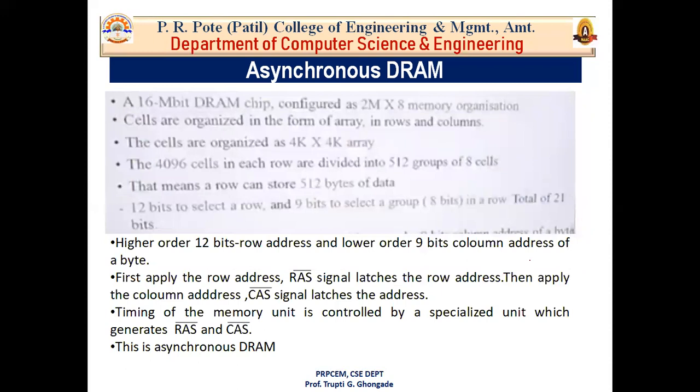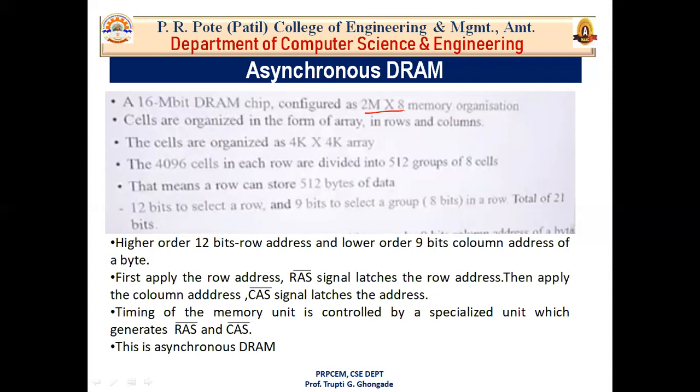That means 16 megabit is organized as 2M by 8 memory organization. This 8 denotes that 8 bits of information are transferred at a time. That is 8 bits, or we can say 1 byte of information, is transferred at a time.